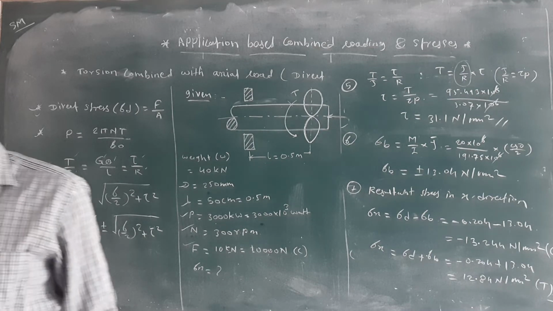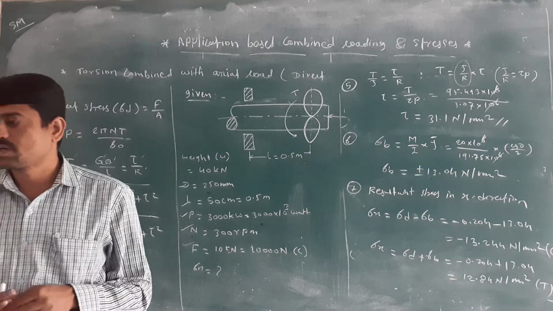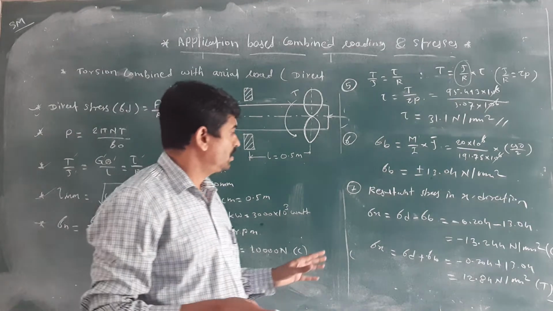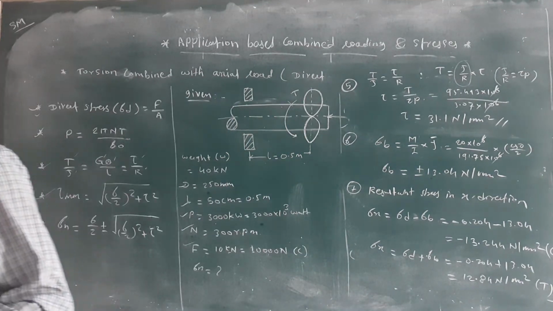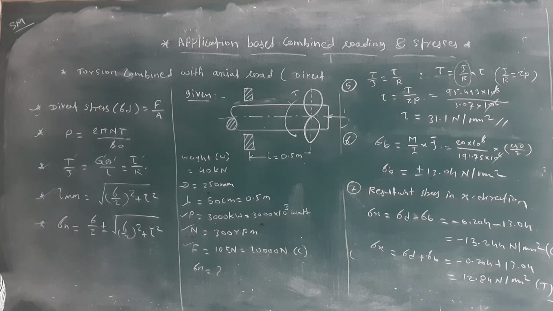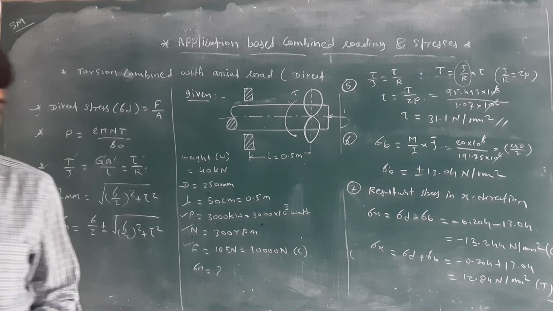Today we'll stop here. I will check that both answers are correct. Once you have got sigma x and tau, then you have to put in the values.